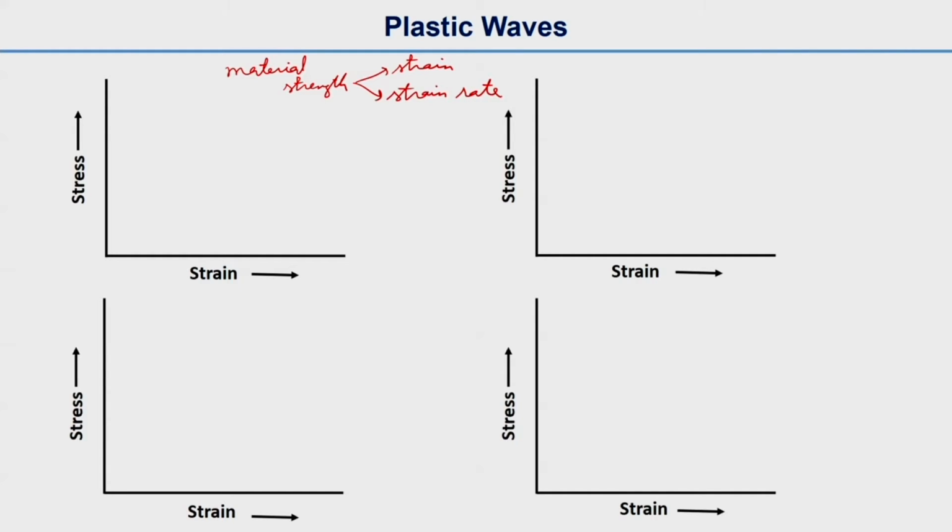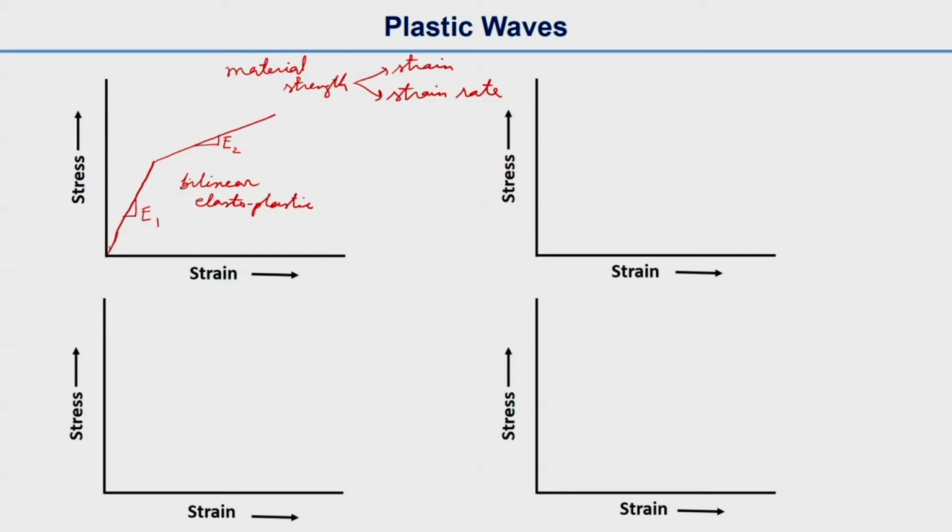Now, in the simplest case, we call it bilinear elastoplastic, where we have a straight line for the elastic portion, and then another straight line with a different slope as the plastic portion. The elastic stiffness is one slope, and the slope is different for the plastic portion. So this we call bilinear elastoplastic behavior.